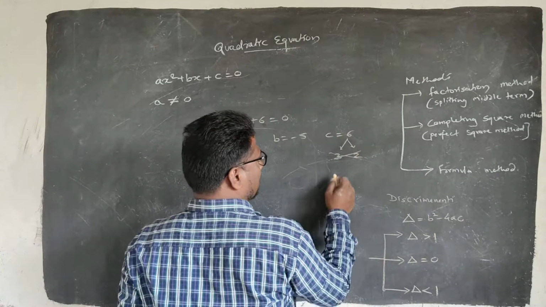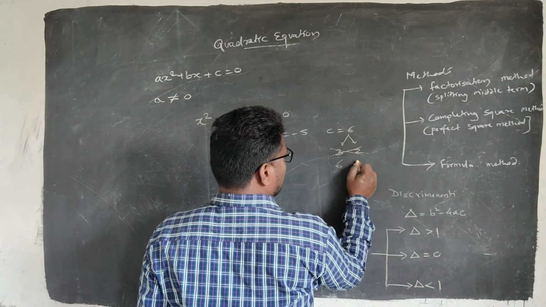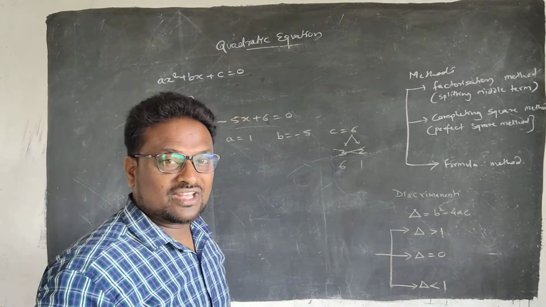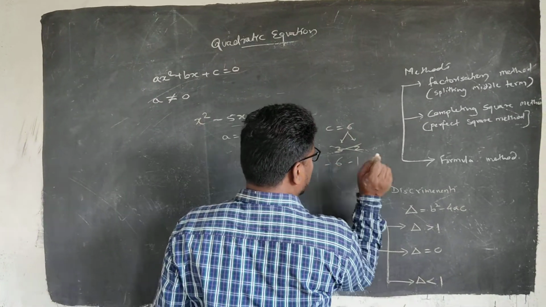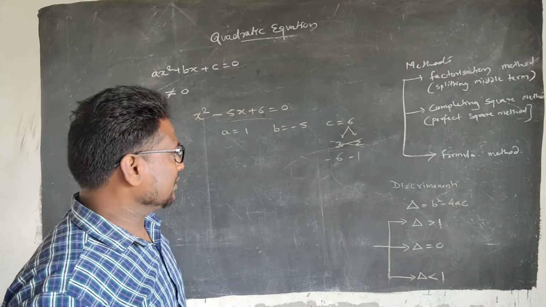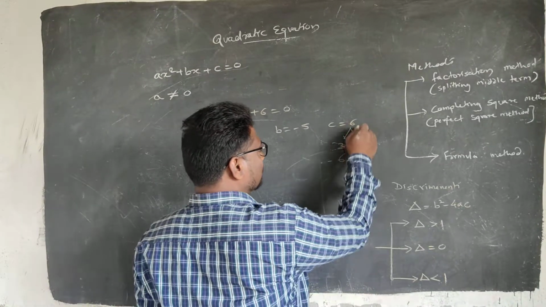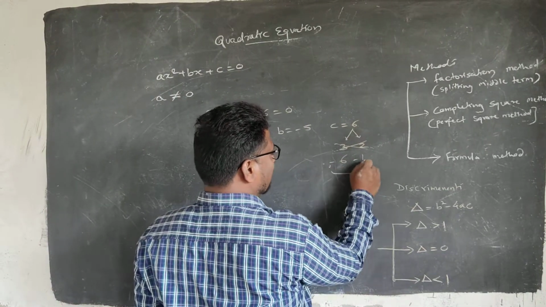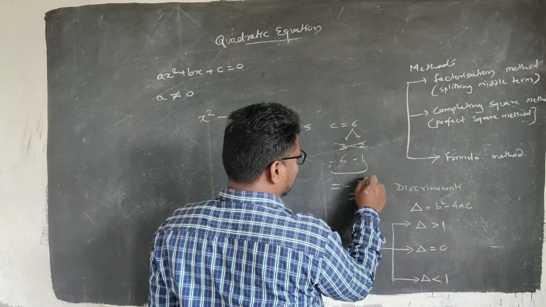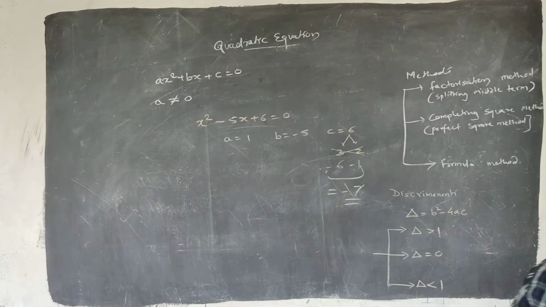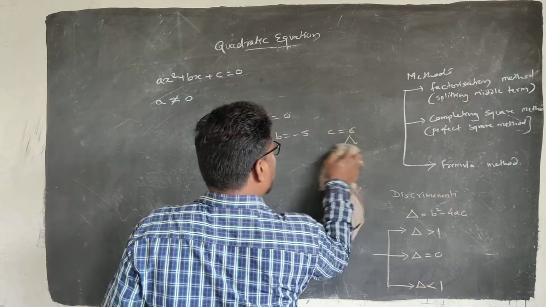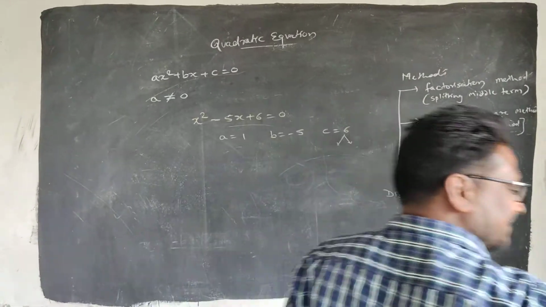Let us see another value, 6 into 1. 6 × 1 is 6. Let us see if I take them both negative. If I take them both negative, the value becomes positive 6, and the sum becomes -7, which is absolutely wrong over here. So we have to consider 3 into 2 itself.